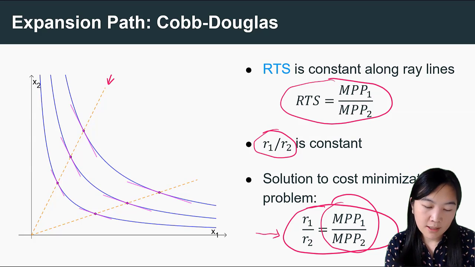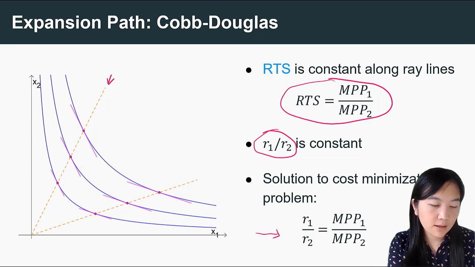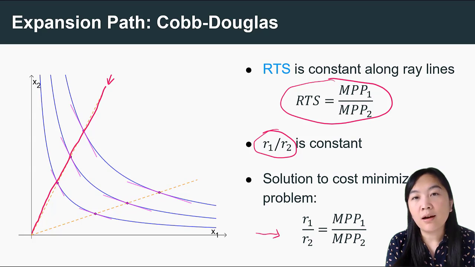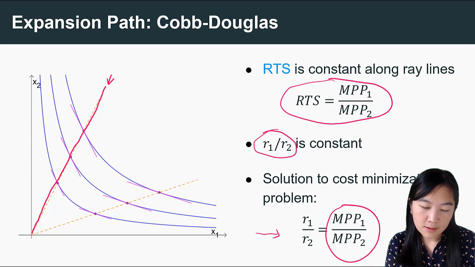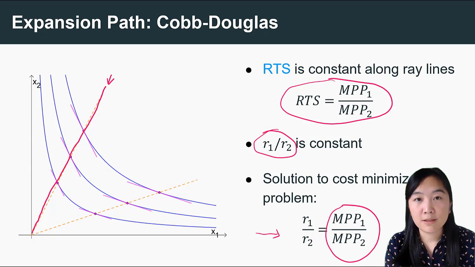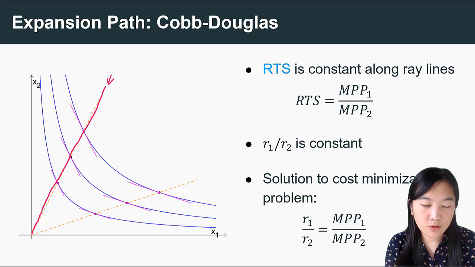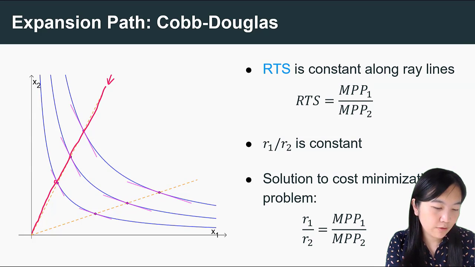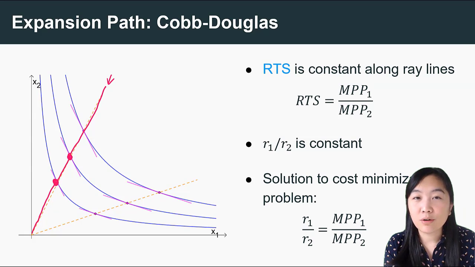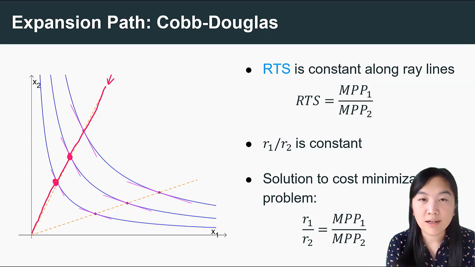So if you're moving along this ray line, the price ratio of the two inputs is constant, and the ratio of the MPPs is constant. That means your solution doesn't change if you're moving from this point to that point, as long as you stay on that ray line.